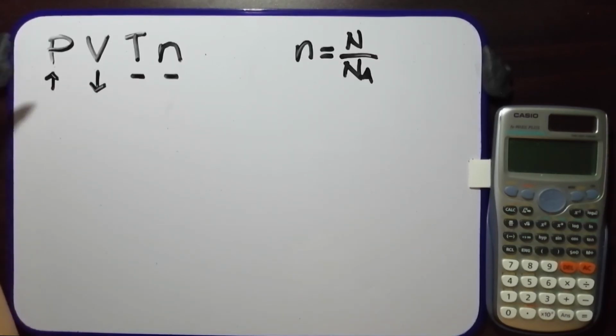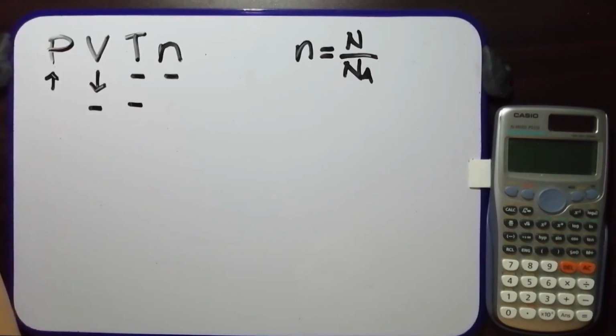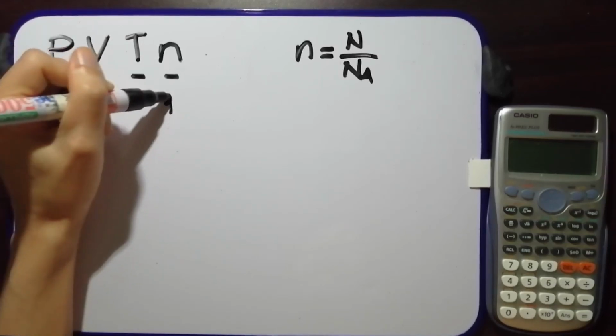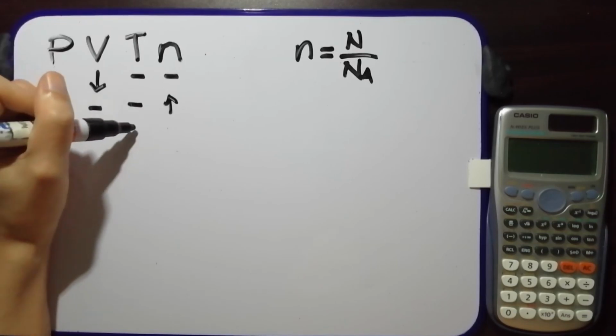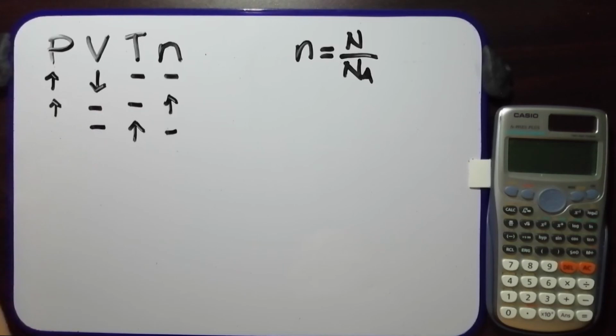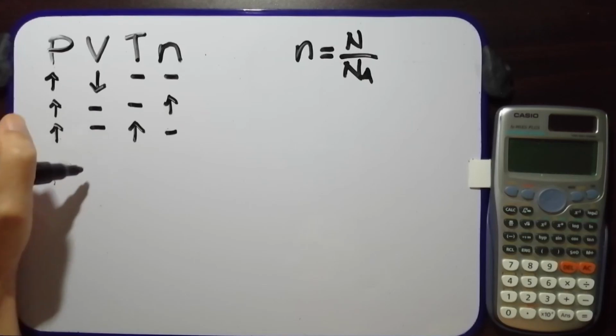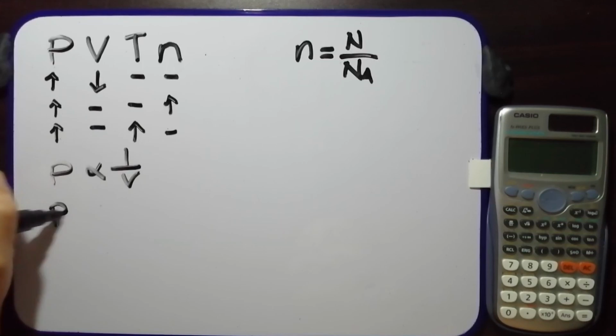And from that logic, we could also say that if the volume is constant and the temperature is constant, when the number of particles increases, the pressure would increase. And also in the second method, we know that if the temperature were to increase with the number of particles and the volume constant, the pressure would increase as well. So from here, we could say that pressure is inversely proportional to volume.